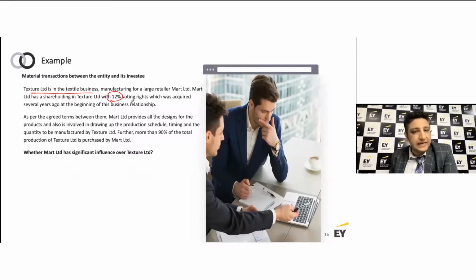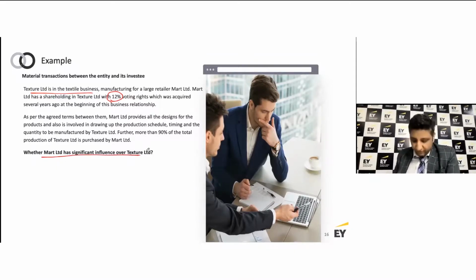As per the agreed terms between them, Mart Limited provides all the designs for the products and also is involved in drawing up the production schedule, timing, and the quantity to be manufactured by Texture Limited. Also, more than 90% of the total production is purchased by Mart Limited. Whether Mart Limited has a significant influence over Texture Limited is the question we are asked.